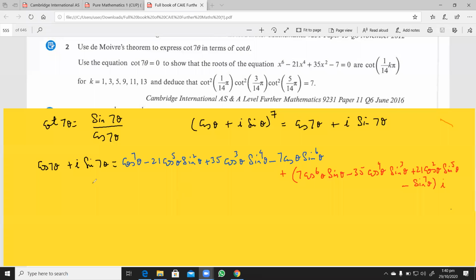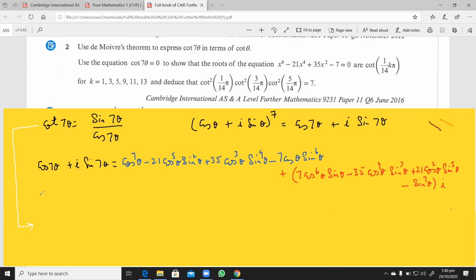Now we can compare the real part of the left-hand side with the real part of the right-hand side, and imaginary part with the imaginary part. And I'll be directly going to write this step over here, okay? So you will see that cotangent 7 theta is going to be, let me try the black color here, or this dark brown.